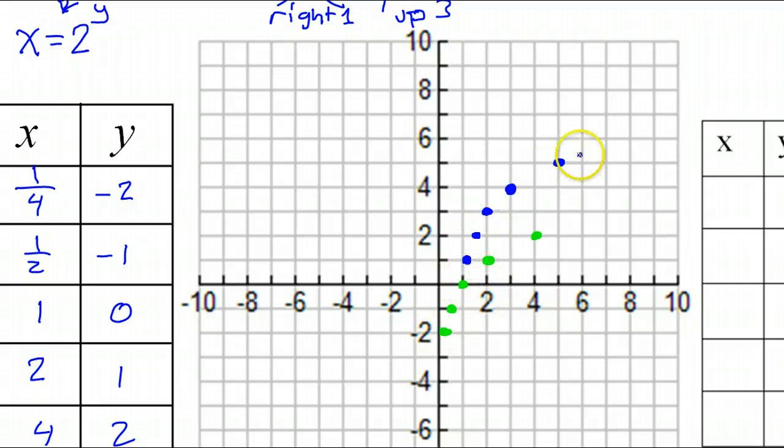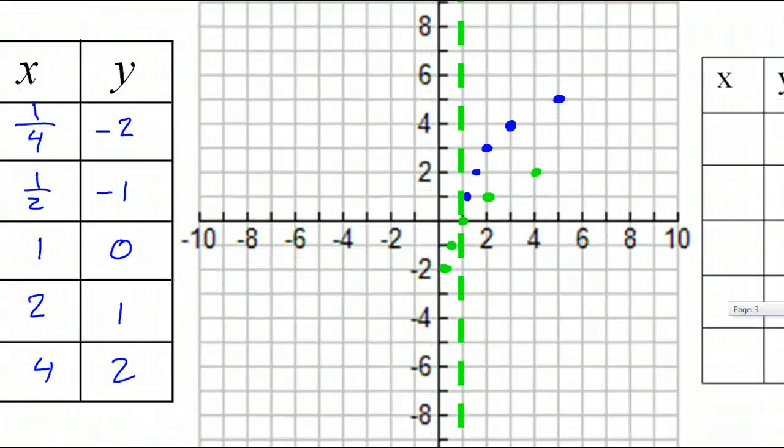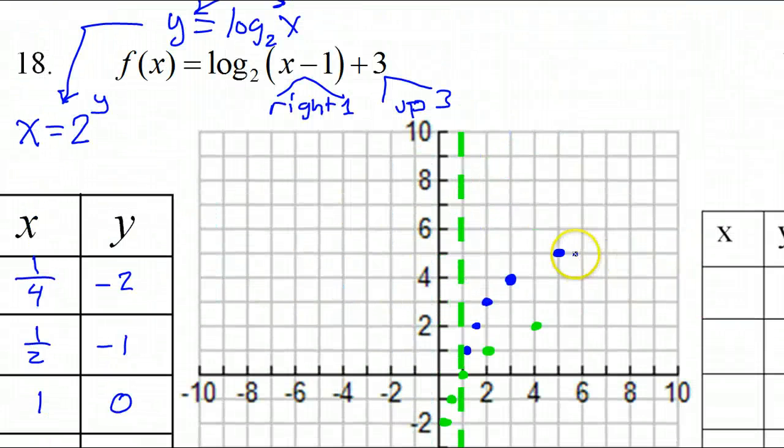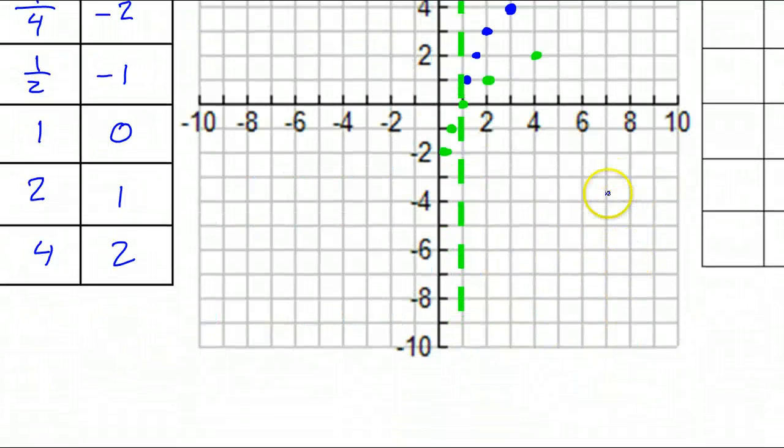Okay, so these blue dots are the real deal. Now the asymptote, because we shifted right 1, the asymptote will be right 1. So there's your asymptote. Clearly the graph is curving towards this asymptote in this type of pattern. So I usually like to start from the bottom here. By the time it gets down here, it's going to be so close to the asymptote that it will appear to trace it.